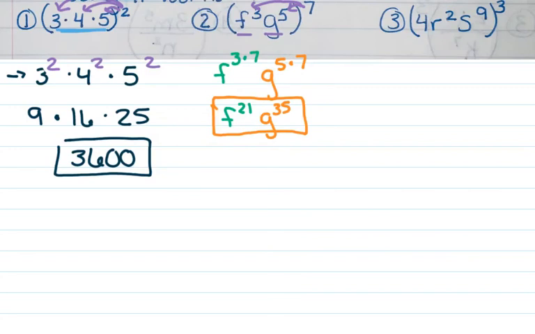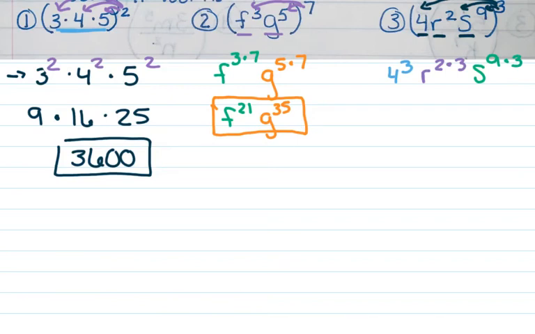Notice in problem 3, I have 3 bases. 4 is a base, and I'm going to distribute that 3 for how many bases are in there. So we end up with 4 to the 3rd, r to the 2 times 3, and s to the 9 times 3.